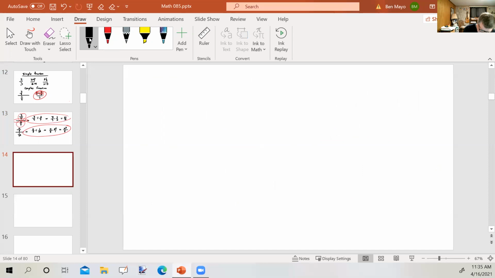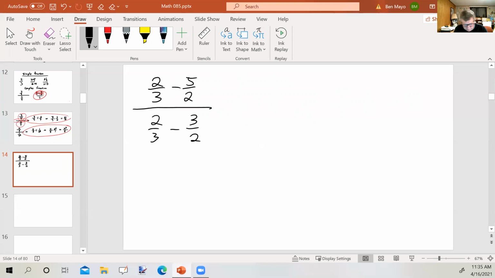For instance, in this case, we have 2/3 minus 5/2 all over 2/3 minus 3/2. One way we could go about it would be to take the numerator and those two fractions and get a common denominator and subtract them and get the results and break it down and get it down to a single fraction on top and do the same thing on the bottom and then do what we just did.